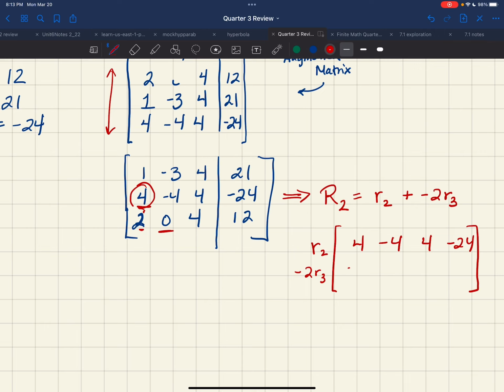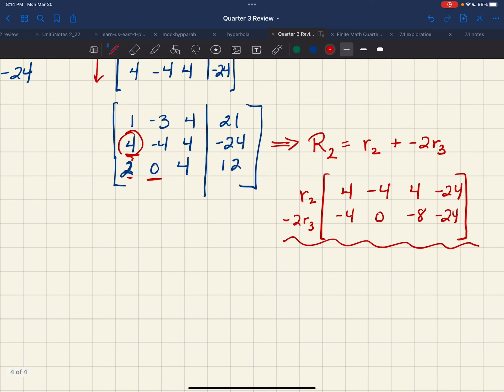So that would be -4, 0, -8, and -24. Okay, is that -24? Yep. Okay, so now when I bring that down, 4 and -4 is 0, -4, -4, -48. Okay, -48.